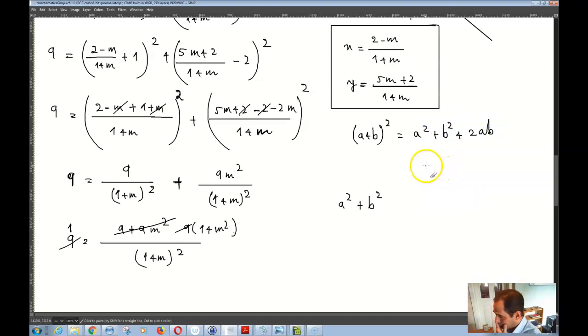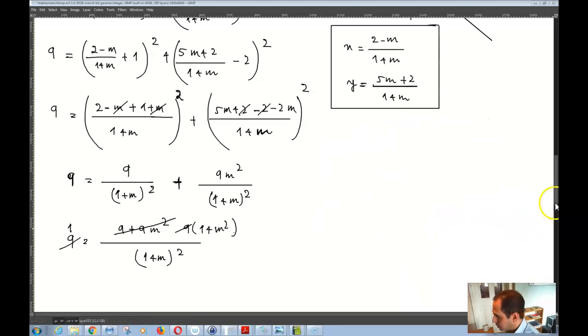So that means a squared plus b squared is equal to a plus b whole squared minus 2ab, which is not going to help me much. Okay, we can expand them. That's not a problem.